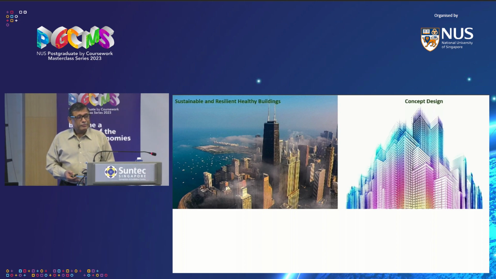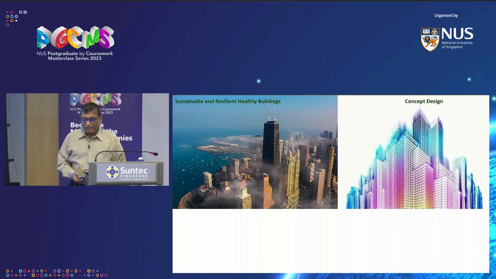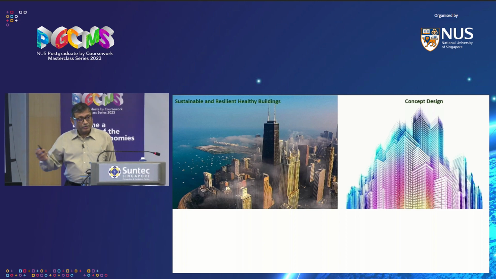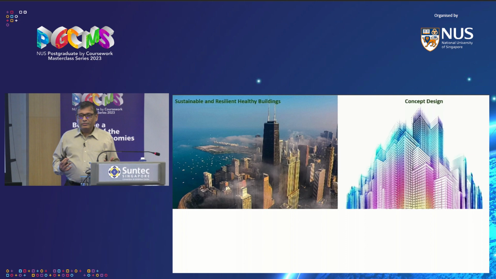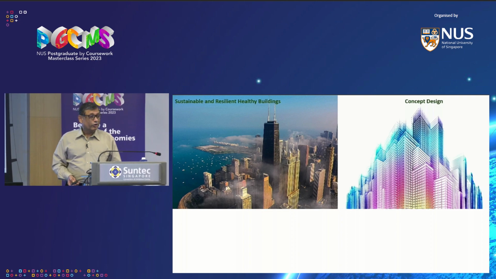All these buildings, before they got to the shape that they are in, start off with something that we call, on the right-hand side, a concept. Somebody, an architect, a designer, will say, okay, I want to think in terms of this building appearance in a certain form and shape. So it starts from concept design of the structure, of how it's going to look physically.